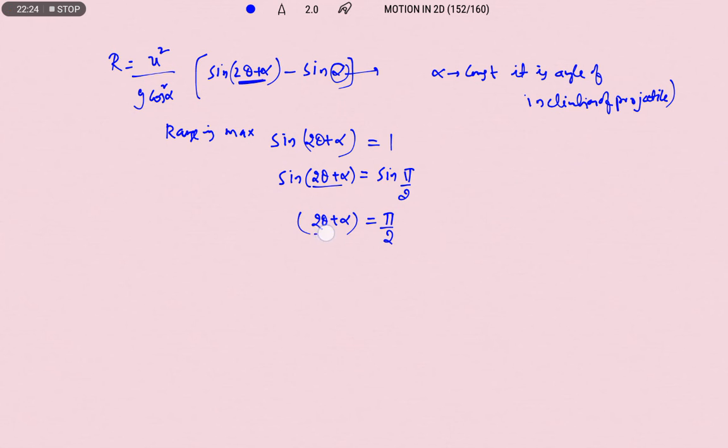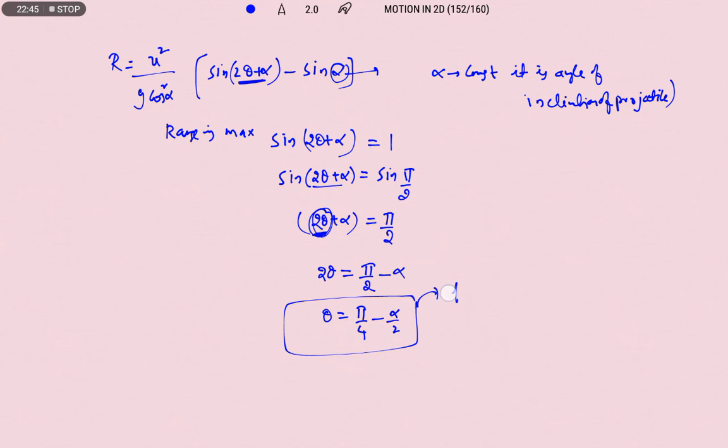Our aim is to find for which angle of projection the range should be maximum. Our aim is to find theta. So 2 theta is pi by 2 minus alpha. Therefore theta is equal to pi by 4 minus alpha by 2. So this is the angle of projection.